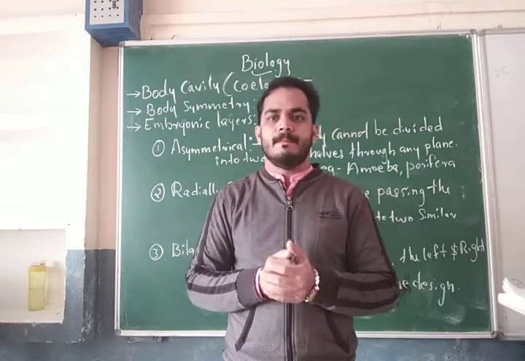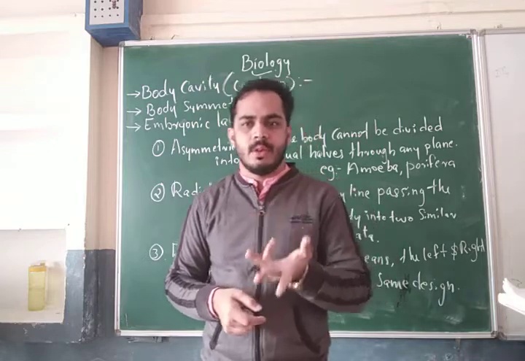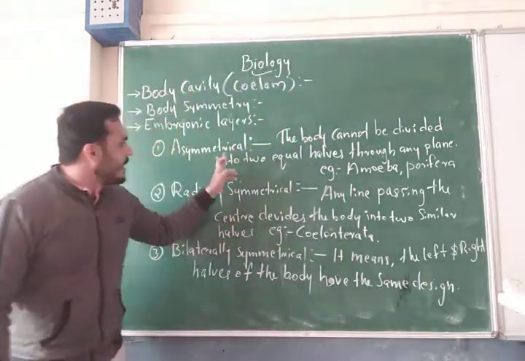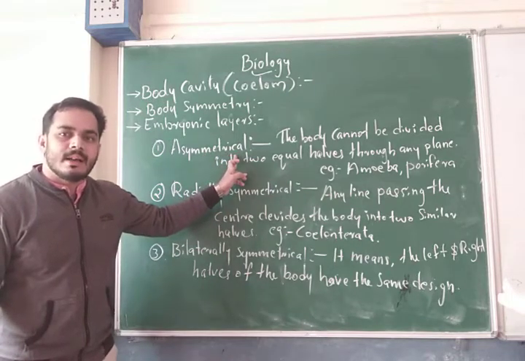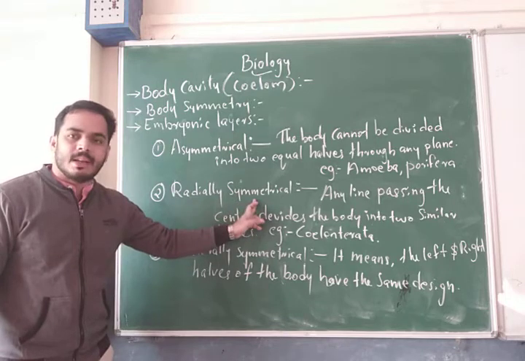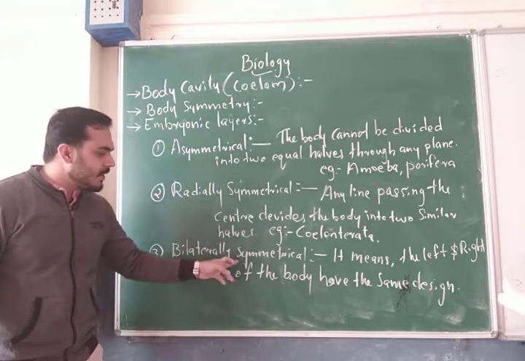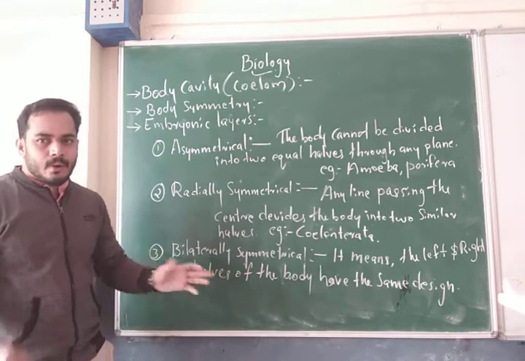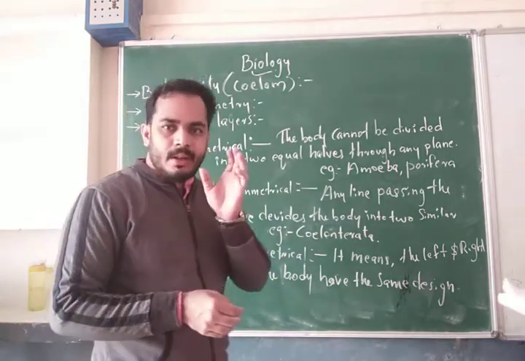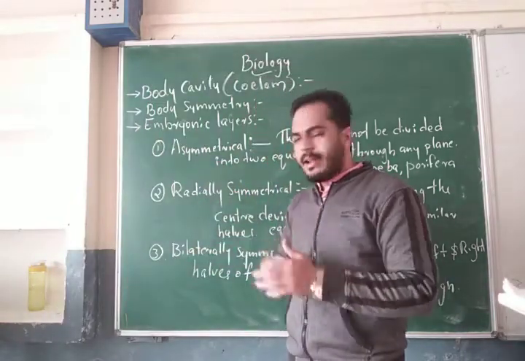According to this, body symmetry is classified into three categories. The first one, asymmetrical. Second one, radially symmetrical. And third one, bilaterally symmetrical.